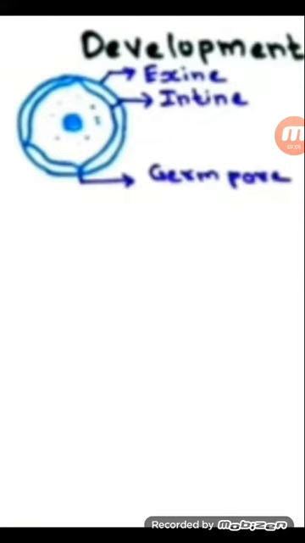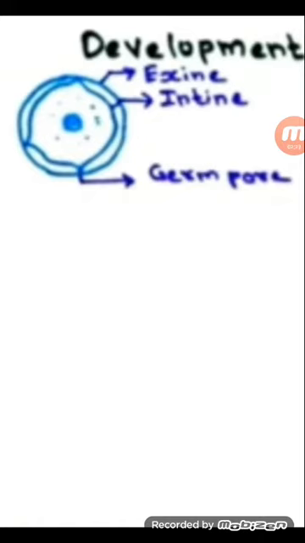The inner layer is called intine. Intine is composed of cellulose and pectin. It encloses protoplasm with a single haploid nucleus. So that was about the structure of pollen grain.